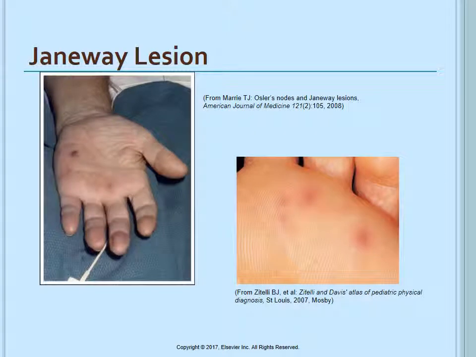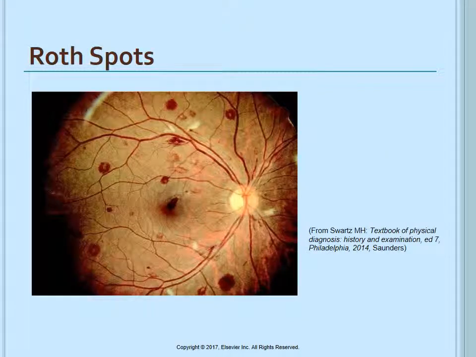On the left, Janeway's lesion. On the right, note the small painless nodules on the sole of the patient with bacterial endocarditis. Then you have Roth spots.